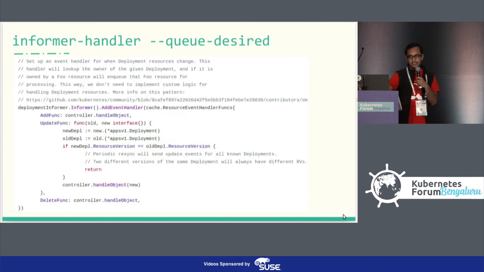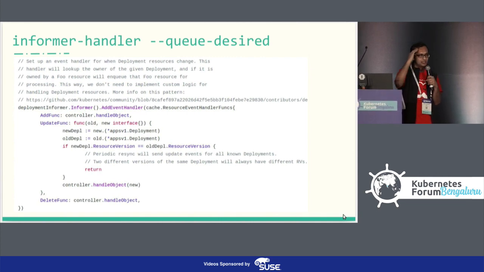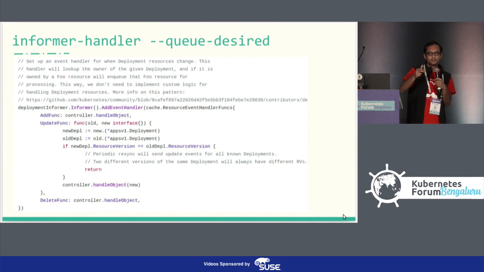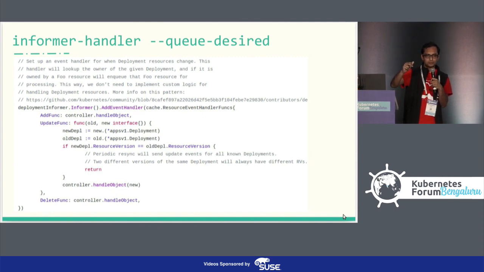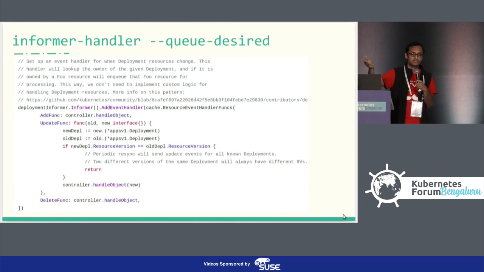This is going to be a little bit interesting as well as a little bit heavy. When we say we queue the watch, now what about the desired state? Why do we queue the desired state? Sometimes, if you have created a custom resource, you want that custom resource to generate some other resources, which may be native as well as custom.